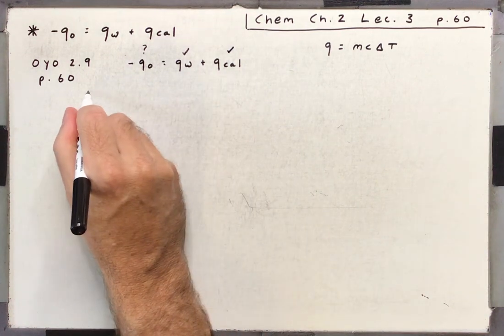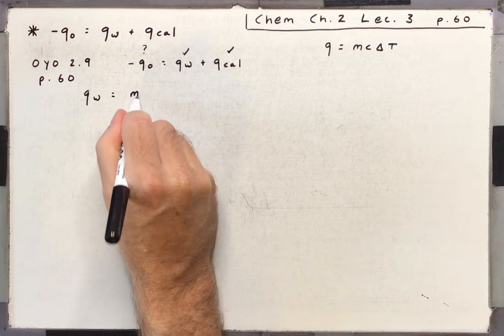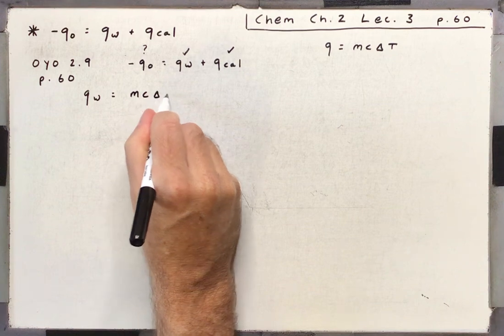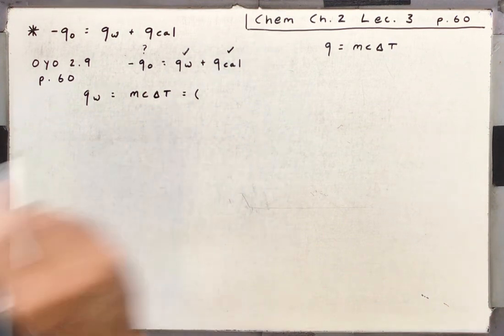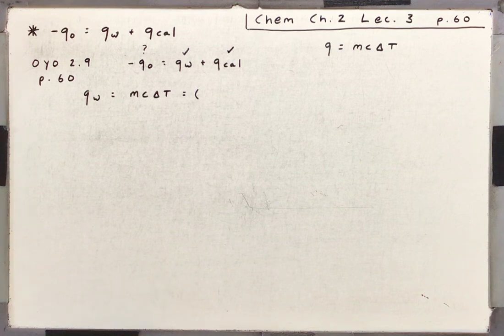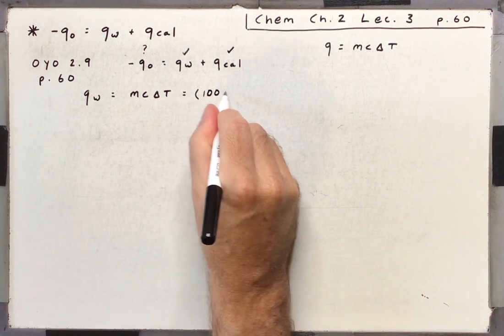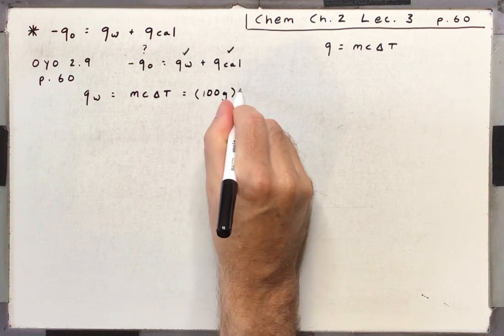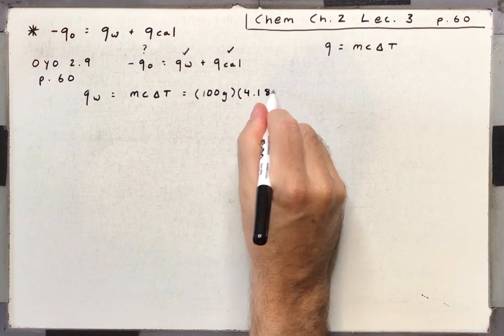Okay, so let's get the Q of the water. We know that's equal to MC delta T. So the mass of the water is 100 grams. The specific heat of water, remember, is 4.184.